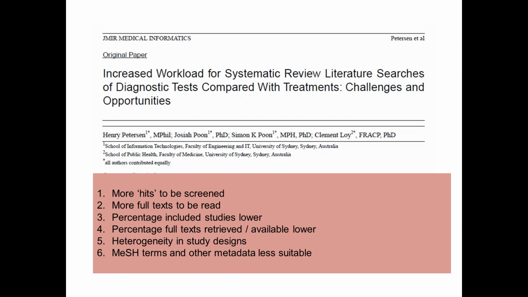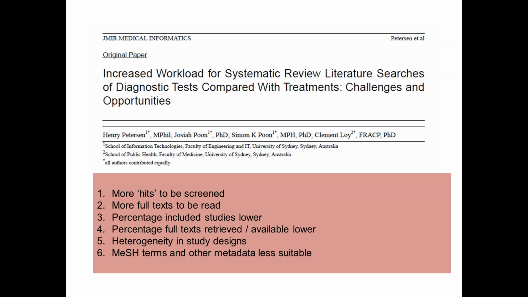You have to read more full text to identify the eligible studies. And at the end of the day, we include quite often less studies. And the reporting of diagnostic test accuracy studies is not good. And it's quite difficult to actually always reach consensus as to whether studies do or do not meet our criteria.